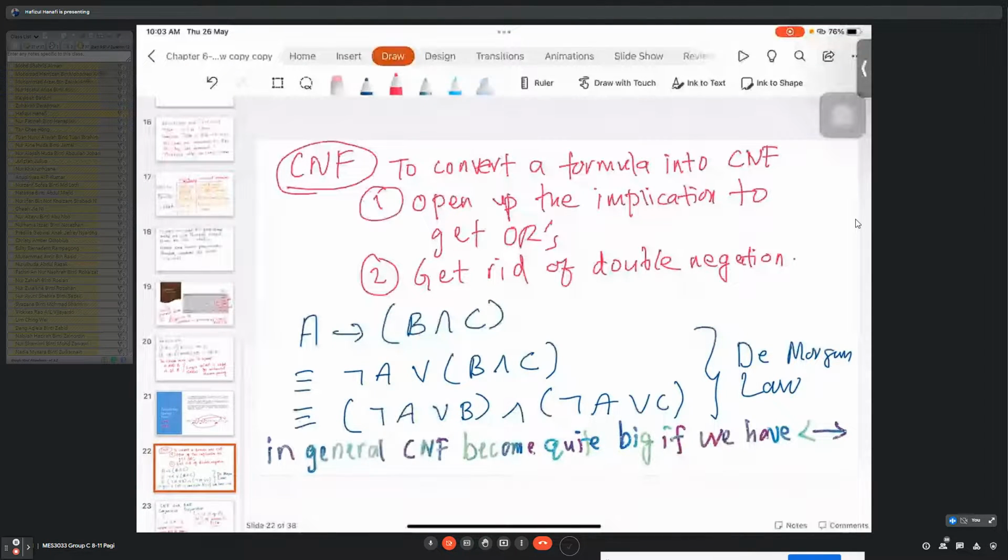For example, A implies (B and C) is equivalent to negate A or (B and C), which is equivalent to (negate A or B) and (negate A or C). This is De Morgan's law. In general, CNF becomes quite big if we have the equivalence sign, but normally we use the implication only.